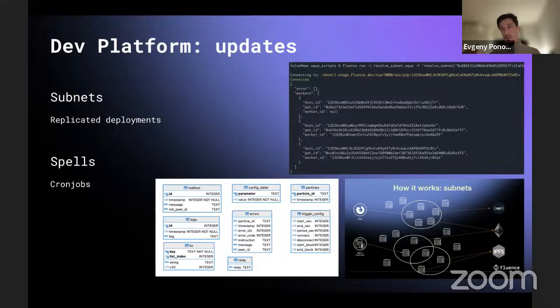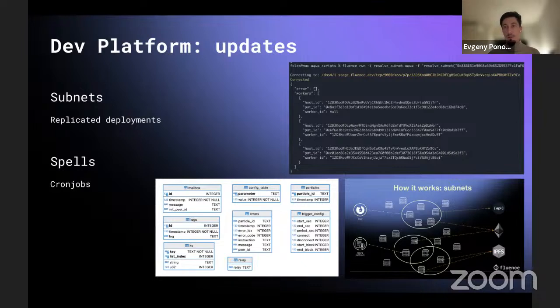Using spells and Aqua and the rest of the stack, you can build the common behavior of the subnet, how it behaves, what features it provides. Maybe it maintains some state and synchronizes it between these nodes. Maybe you want to balance requests between these nodes. Maybe you want to have a quorum.